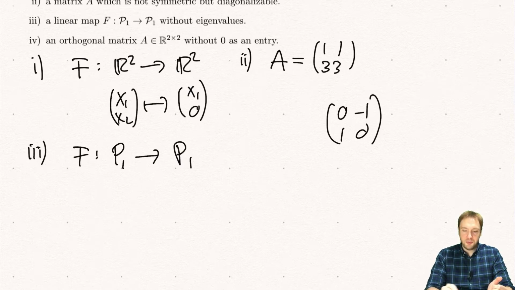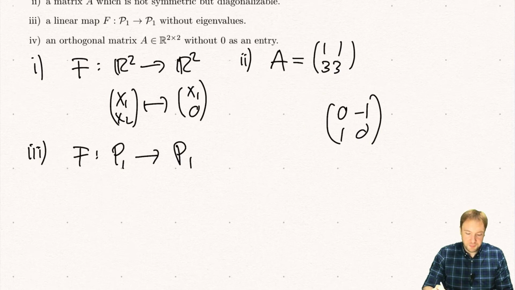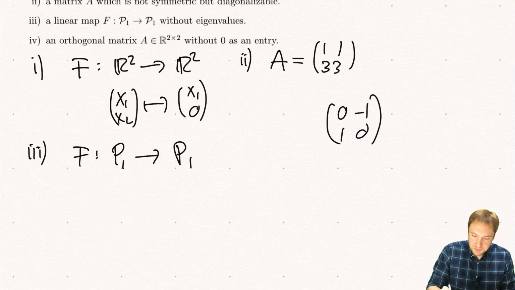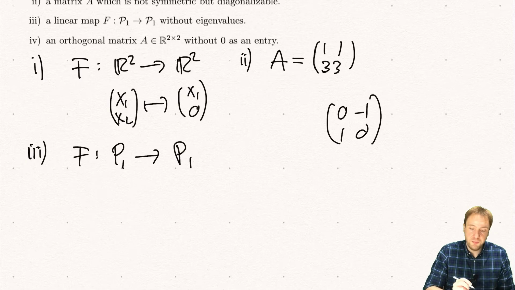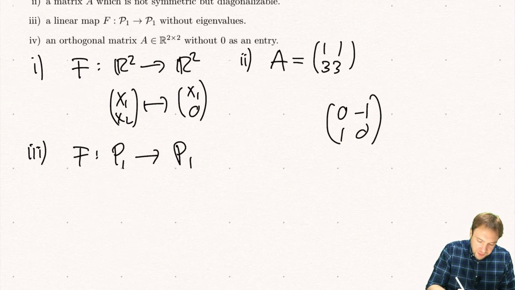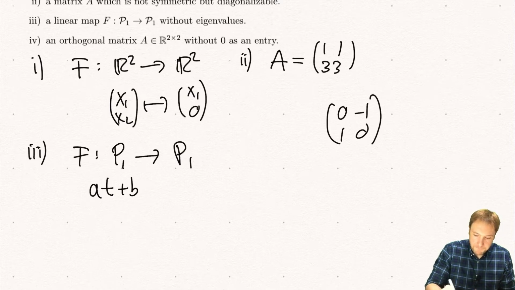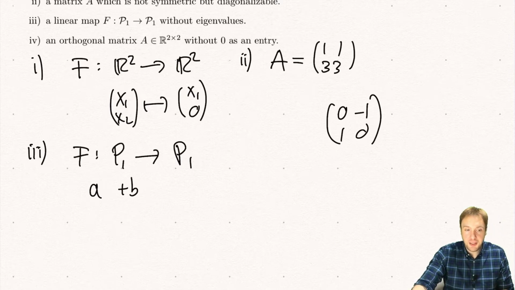So now we need to find a linear map from P1 to P1 such that the matrix of this linear map has exactly this shape. But I need to say what I do to a polynomial function of degree 1. So I need to say what I do, for example, with ax plus b, or let's say x.